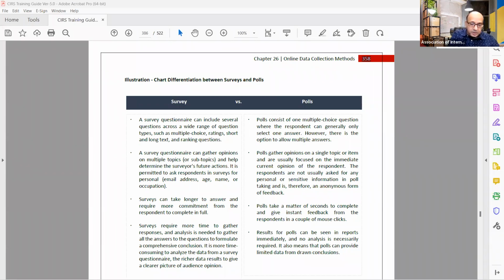So please read page 358 for differentiating between survey and polls. This is just a very easy to look at chart.